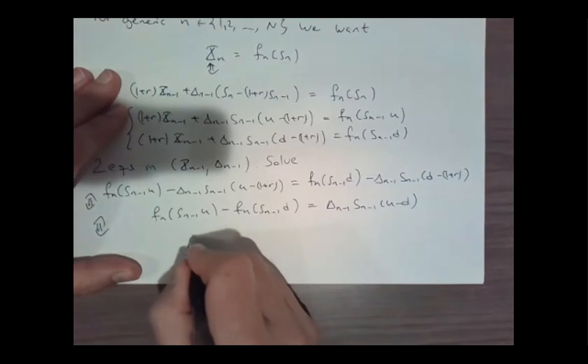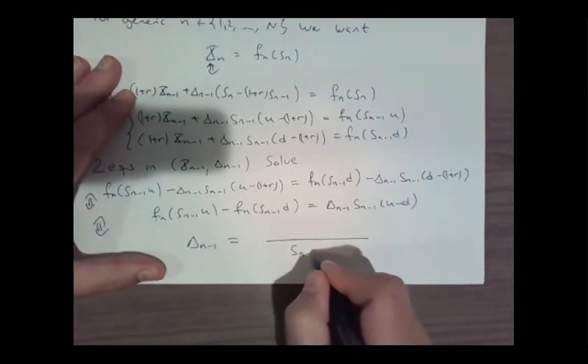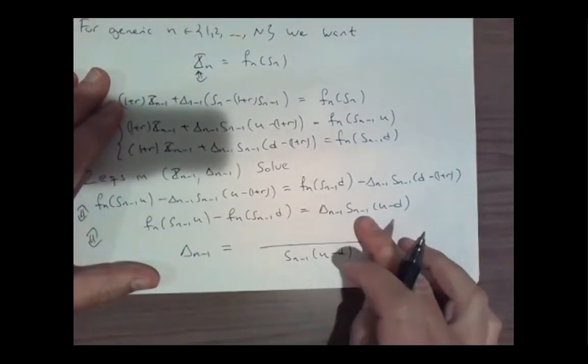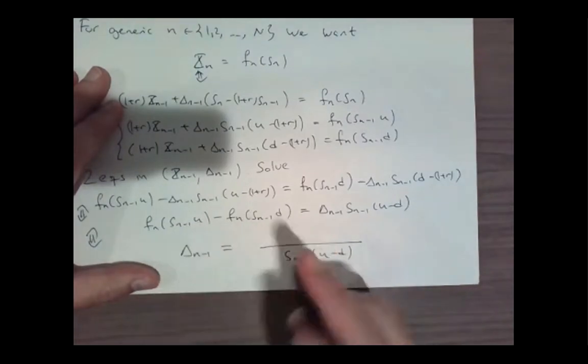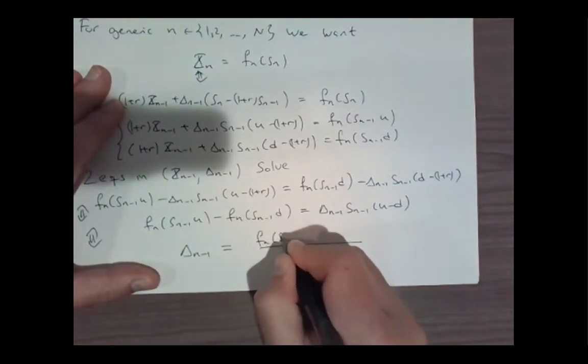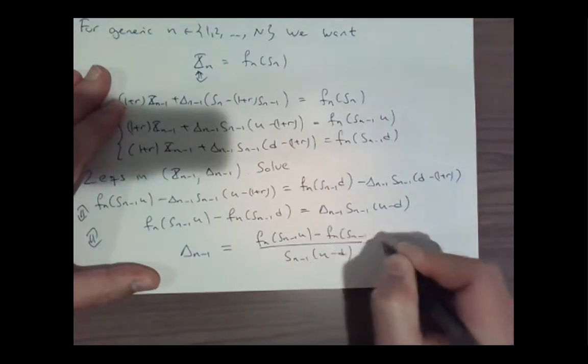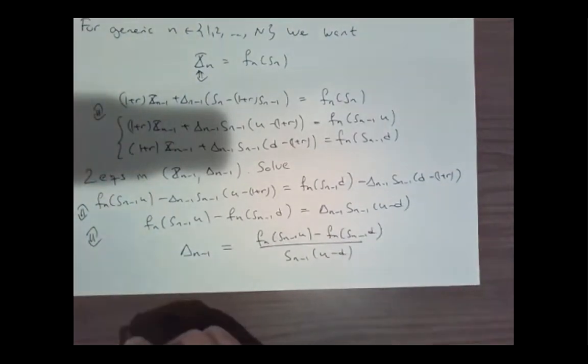I'll get that delta_{n-1} has a nice formula: u minus d downstairs, upstairs is this quantity. Okay, so we managed to get a formula for the deltas.